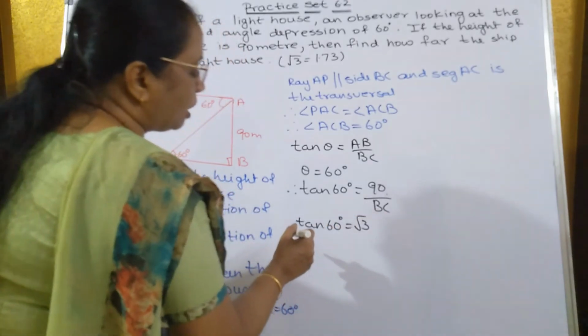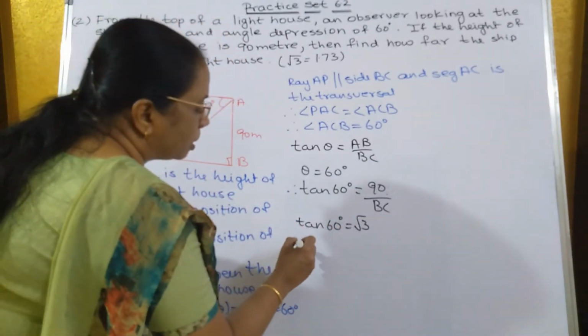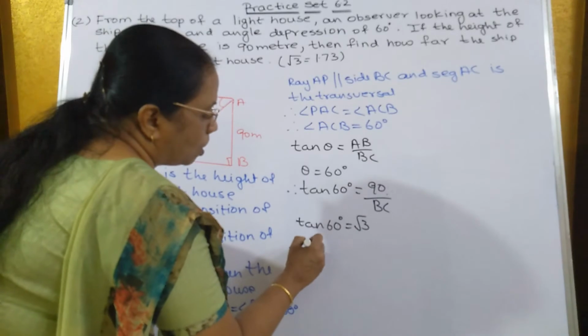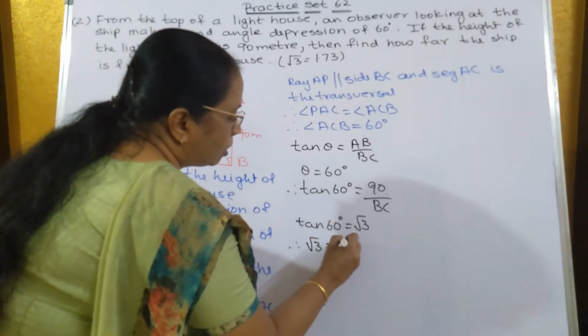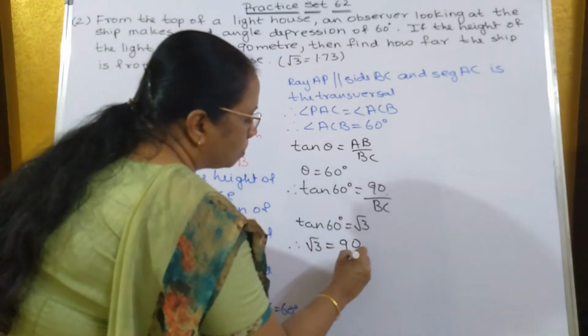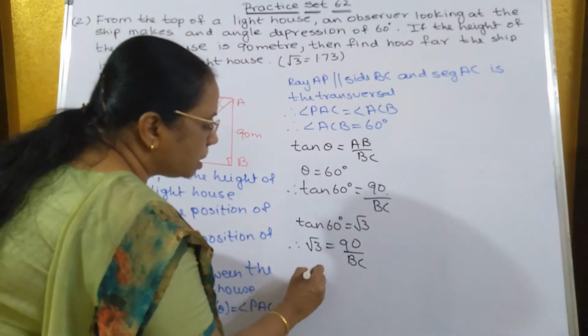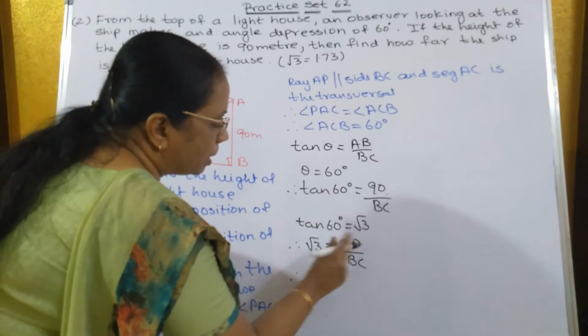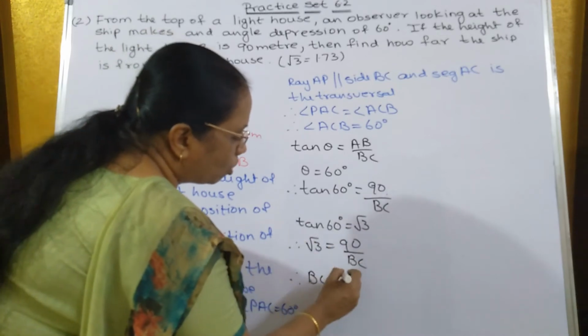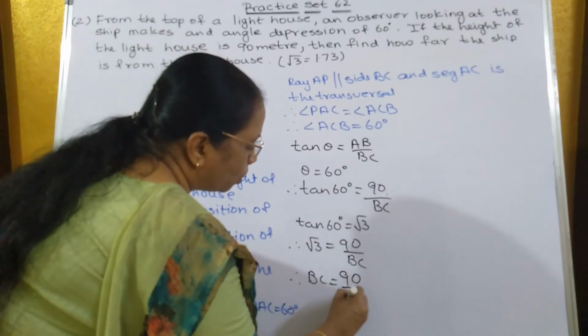Trigonometric value देखेगा तो tan 60 root 3 है. Therefore root 3 is equal to 90 upon BC. Therefore BC is equal to 90 upon root 3. BC will come here and root 3 will go over here.